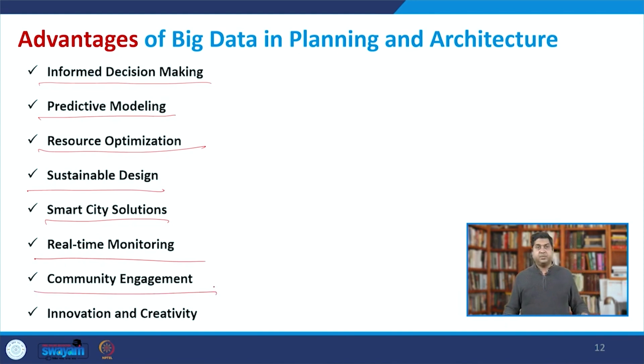Community engagement, because now whenever we identify the source, like all our personal devices like mobile phone or some check-in information or maybe some purchase pattern that we have made in some e-commerce, based on that we can identify the individual choices and opinions, and accordingly some sort of things can be featured.